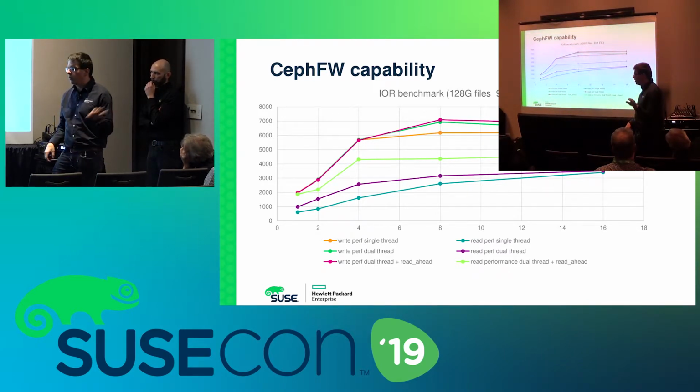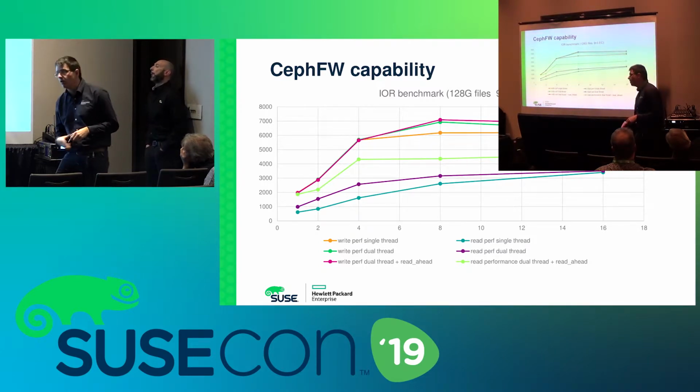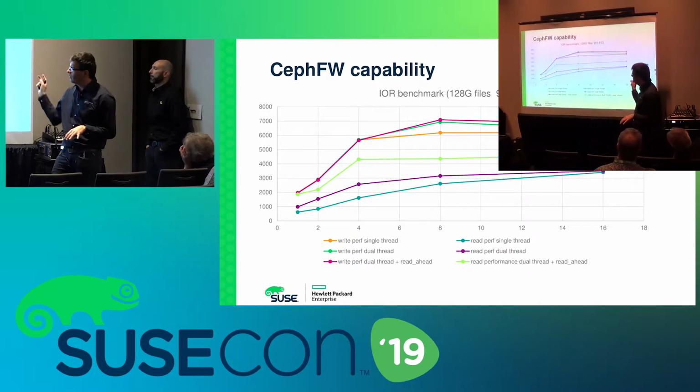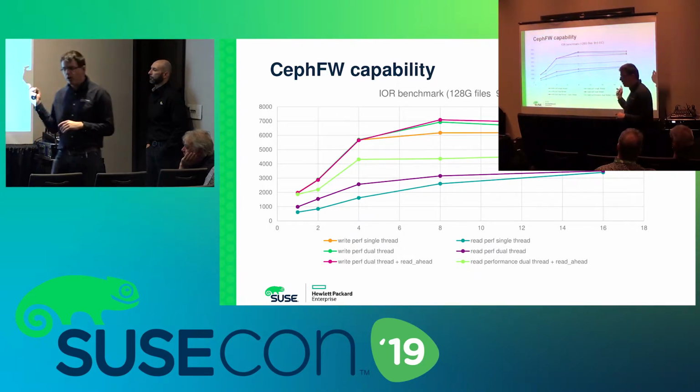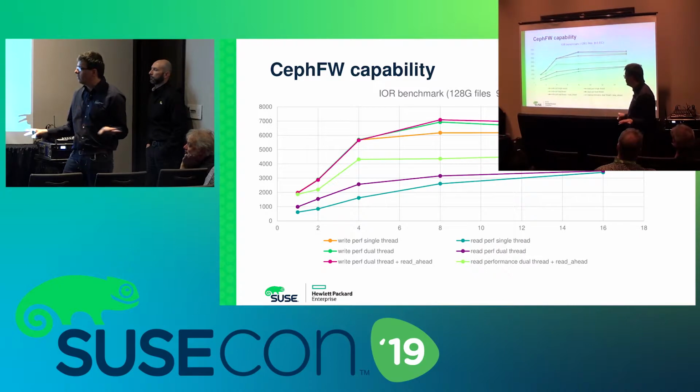If you go into the Top500 list and see systems able to do 500 gigabytes per second, they're using IOR to test this. The idea was to use the same tool for Ceph to find out what performance we'd achieve. We were only using spinning drives here, so no SSDs.